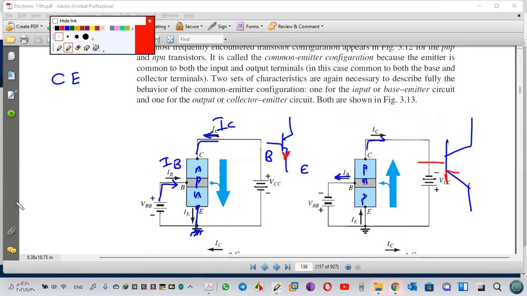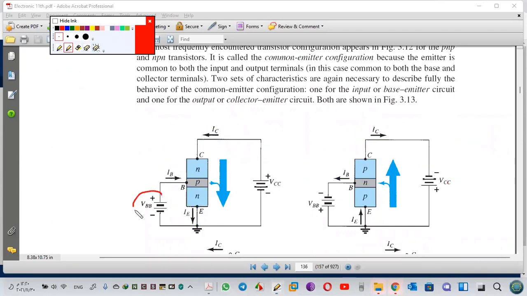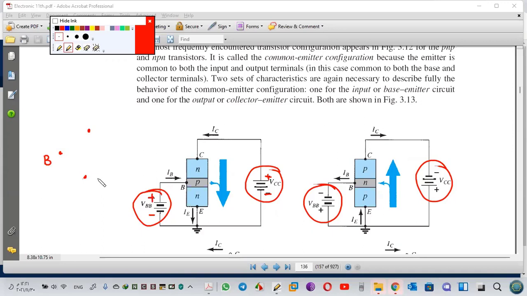This is first. Second thing, let's see the voltage. Here, VBB and VCC are both positive. It's wrong. You said we need some positive, some negative. This is negative, this is negative. I will make this for you. It's very important. Base, emitter, collector.